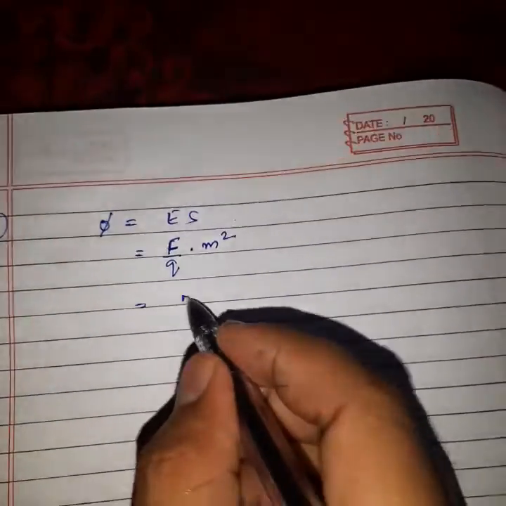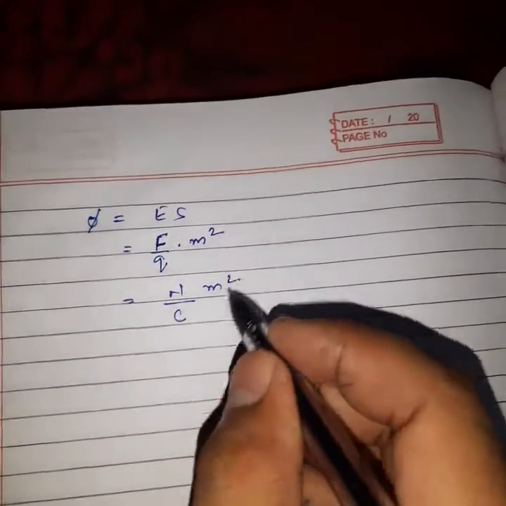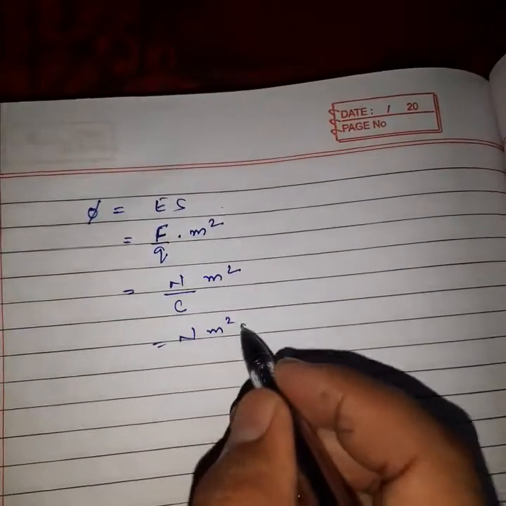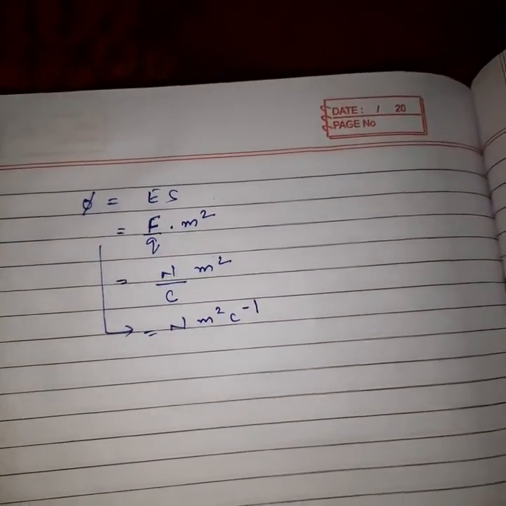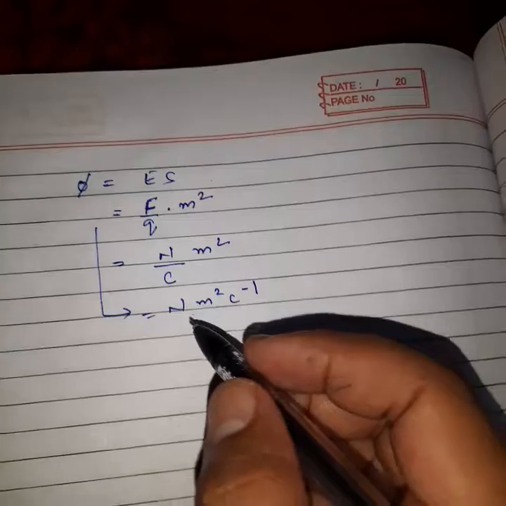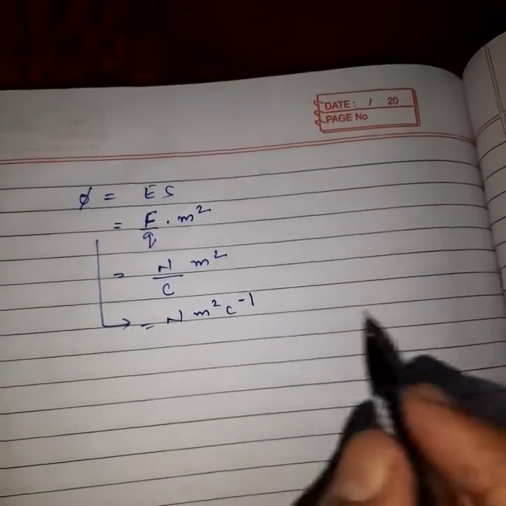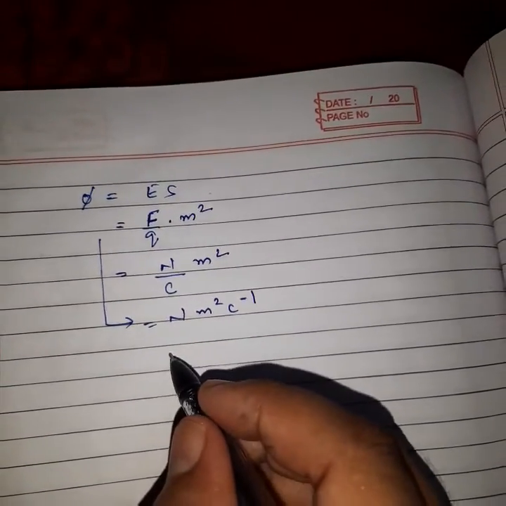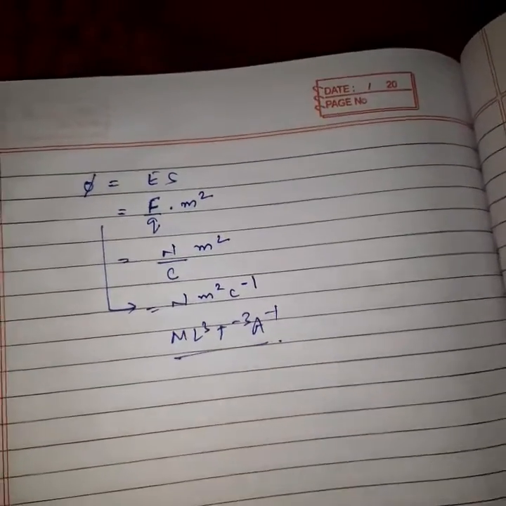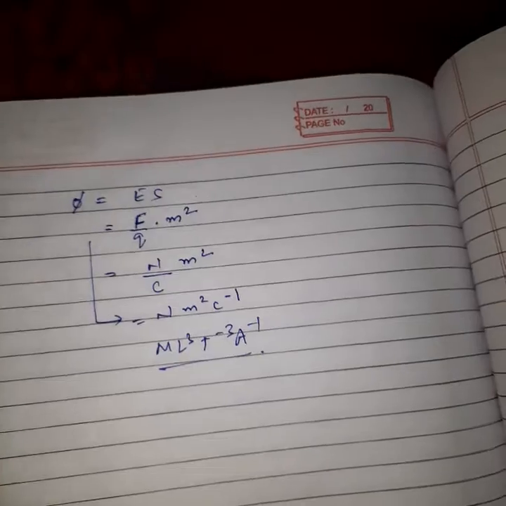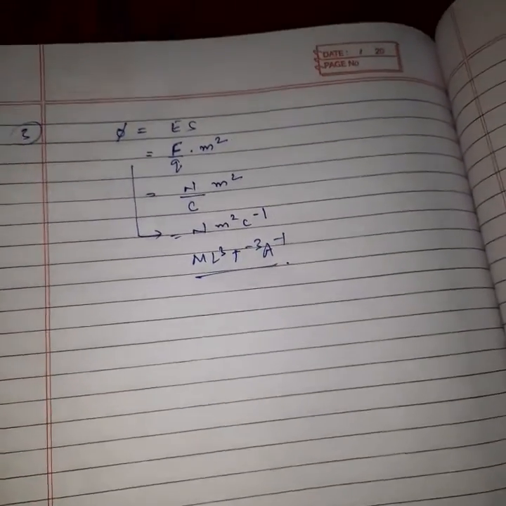So its unit is newton upon coulomb times meter square, so we can say N m² C⁻¹. This will be its unit. After putting the values you can find out the dimensional formula. No problem, I am directly writing it here: M L³ T⁻³ A⁻¹. Okay or not, student? The simple explanation. Say yes or no?